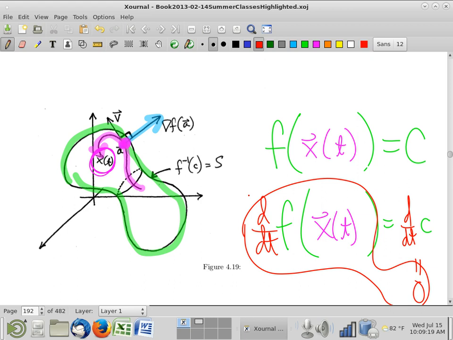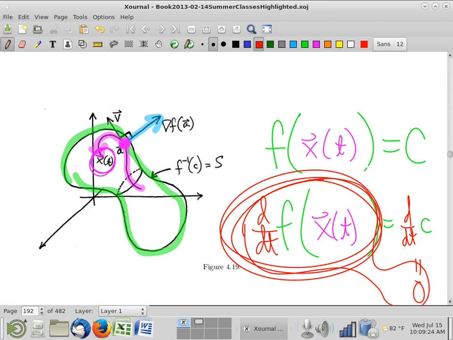The cool thing about this is that I can interpret this object as a directional derivative. This is a way of saying, look, I'm at this point A. I'm moving along a parametric curve. Namely, I'm at a particular point and moving with a certain velocity. And when I'm at that point and moving with that velocity, I want to know how fast the function's changing. This is exactly asking, what's the directional derivative?